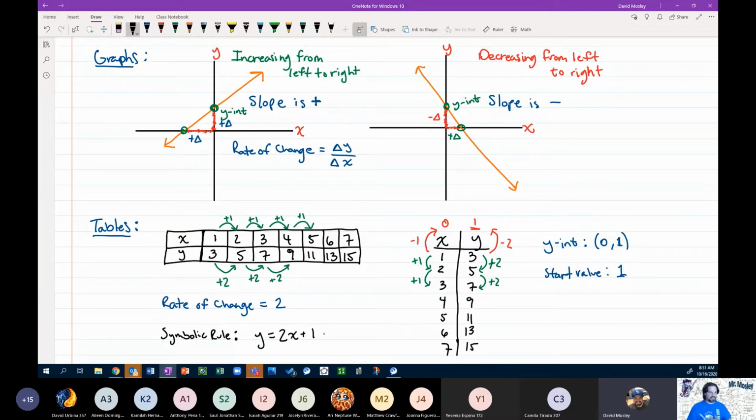We have all the information necessary. We could also write the next rule. That would be now plus 2 equals next, starting at 1.